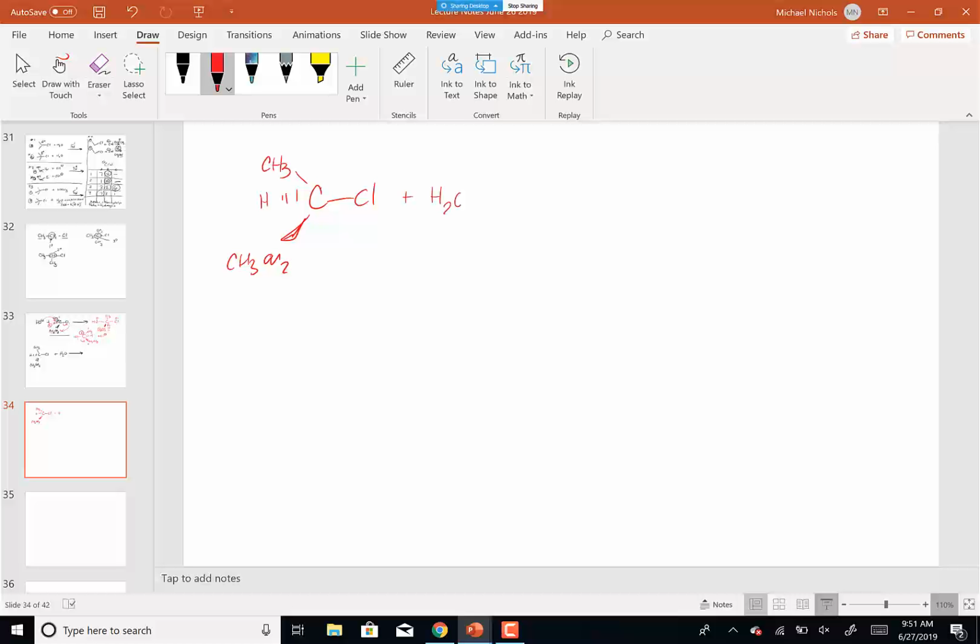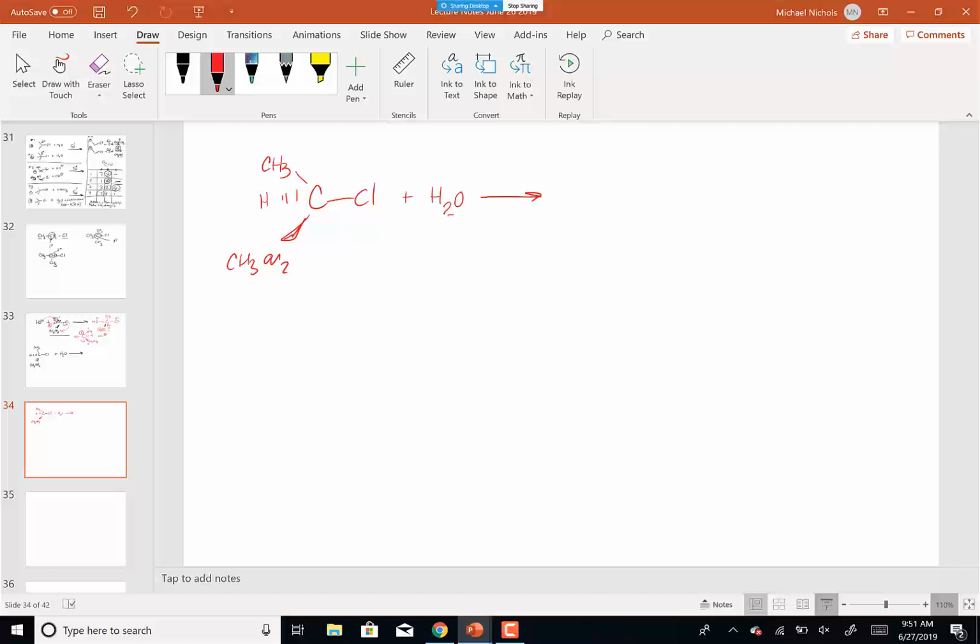Water. So if I react this with water, the first thing we would say is it's a secondary plus a weak nucleophile. What's the critical part? The weak nucleophile, because weak nucleophiles can only undergo SN1. So then this is an SN1 mechanism.